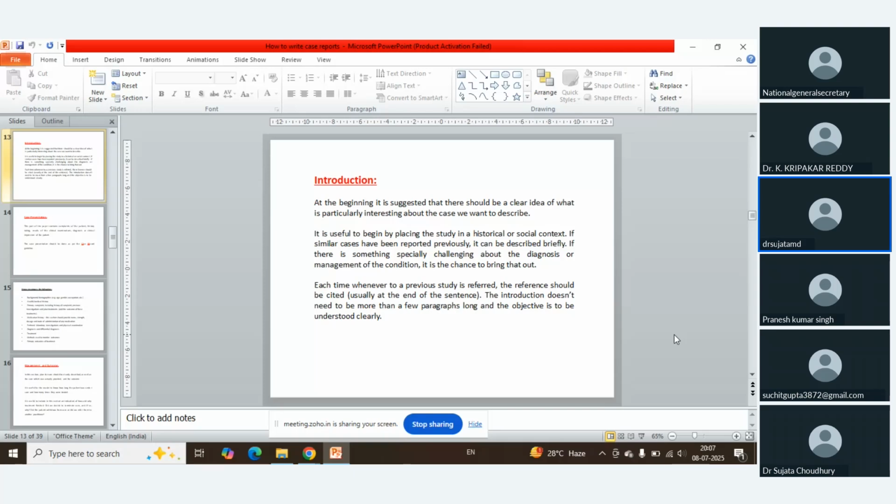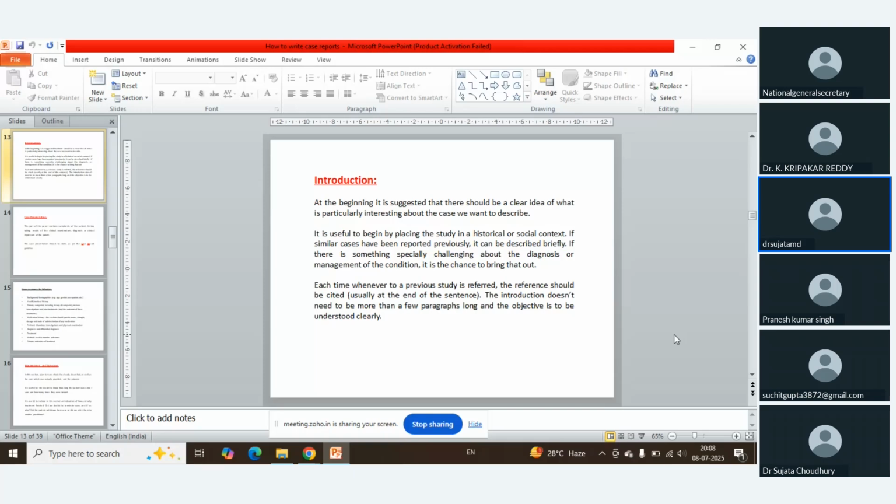That is the reference or bibliography: if we are describing a study that was previously conducted, we have to cite that article as the source, and that is given in the reference list.